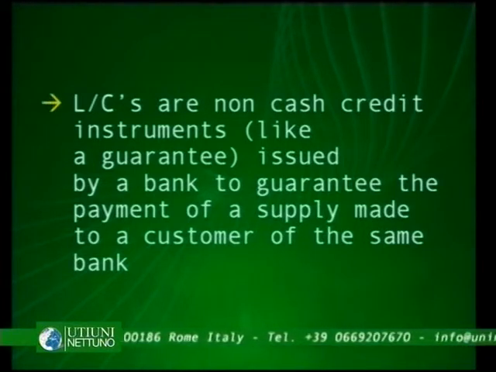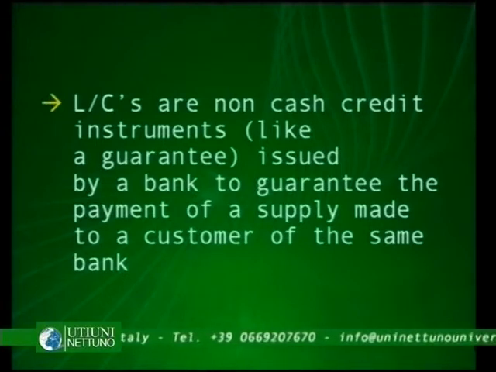Okay, here it is written: by a bank in favor of a customer of the same bank. The example speaks about large banks, which normally do have either branches or subsidiaries in many other countries.